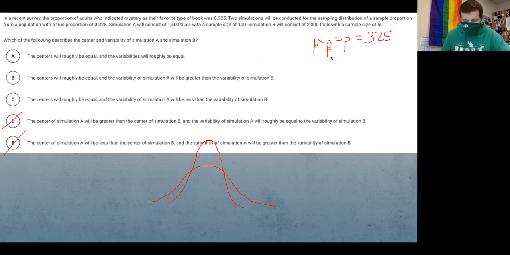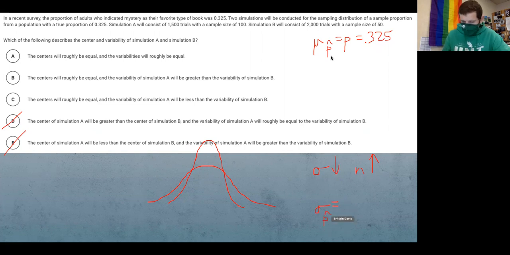And now the question isn't how does this compare to the population distribution, it's how do the two simulations compare? And one thing that we learned is that your standard deviation is inversely related to your sample size. So as your sample size goes up, your standard deviation goes down, and that can be seen in just the formula for it.